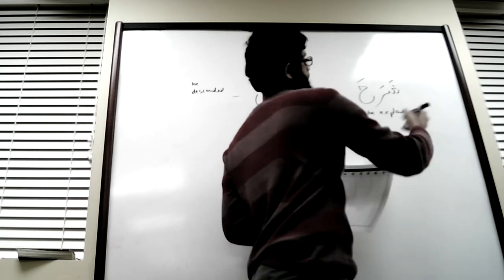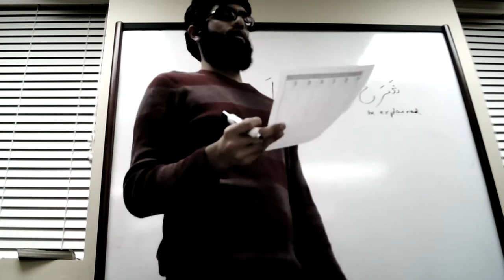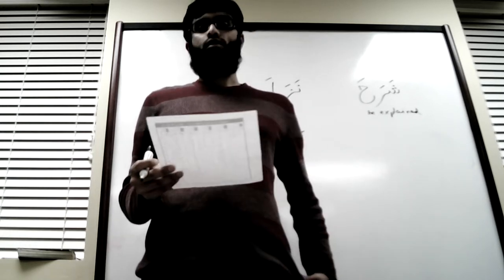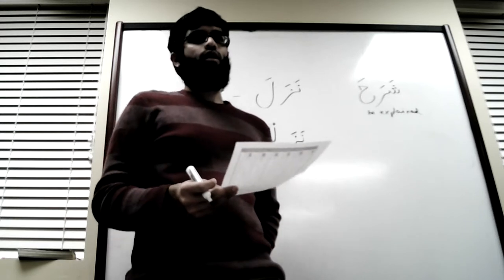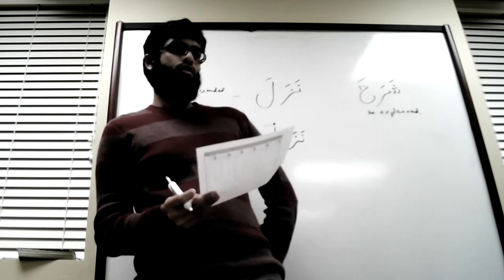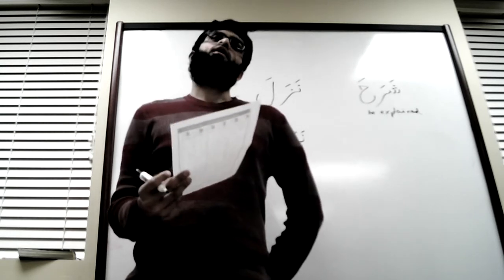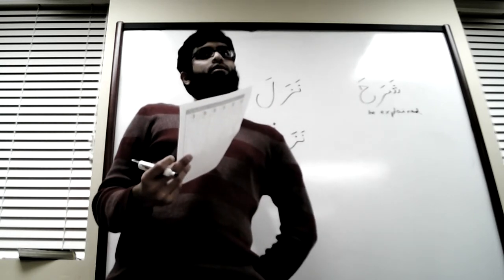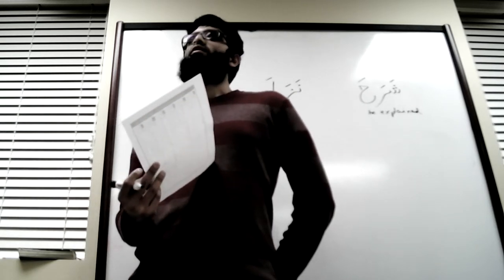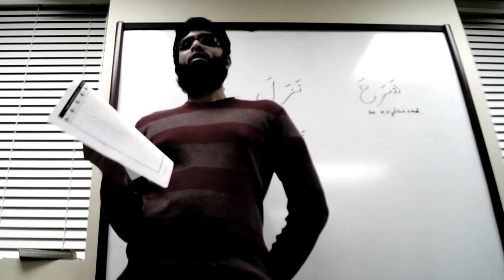Sharaha, sharahu, sharahat, sharahata, sharahna, sharahta, sharahtuma, sharahtum, sharahti, sharahtuma, sharahtunna, sharahtu, sharahna. Okay, I explained, sharahtu. She explained, sharahat. He explained, sharaha. Okay, they explained, a group of them men.